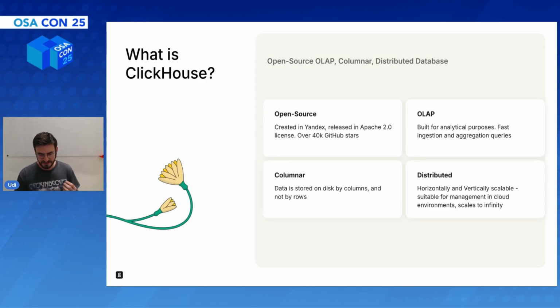This means data stored by ClickHouse is stored on disk by columns and not by rows, and we'll dive a bit into it in the next slides. And last, ClickHouse is built for distributed deployment. It is horizontally and vertically scalable, which is important for managing on cloud environments and for scaling with increasing and dynamic volumes of the data and usage.